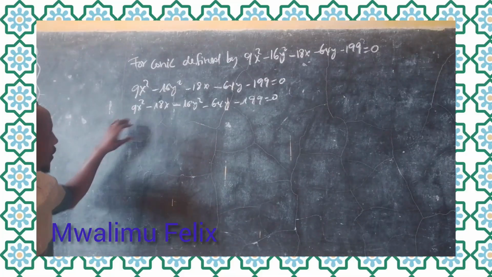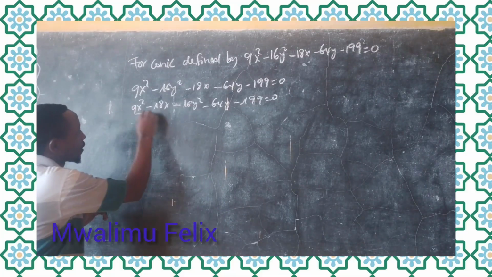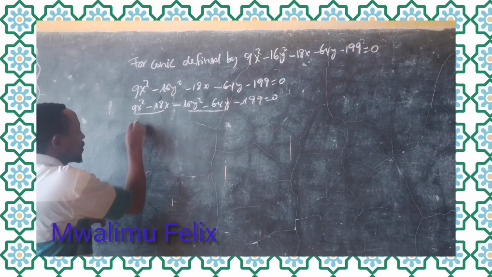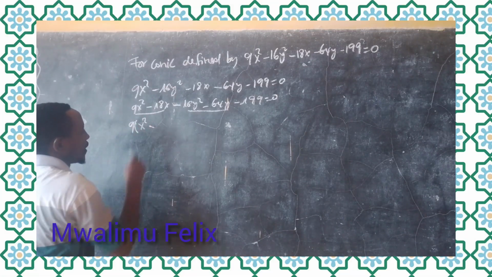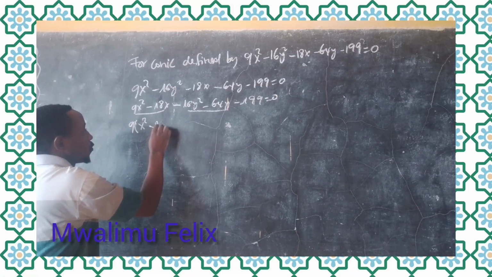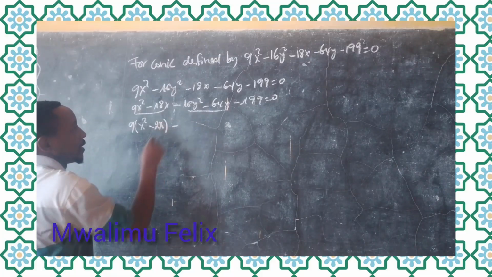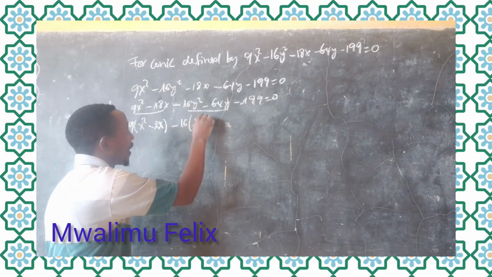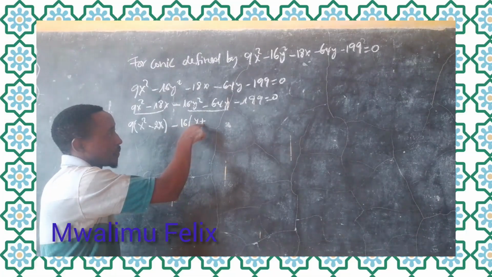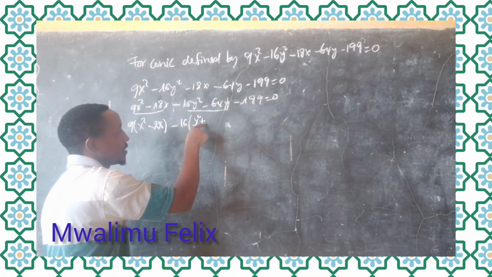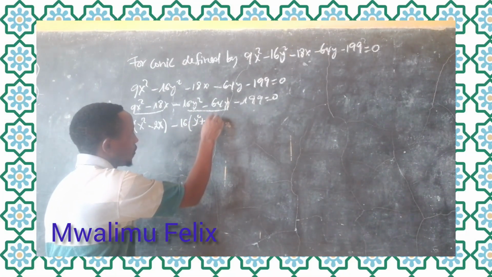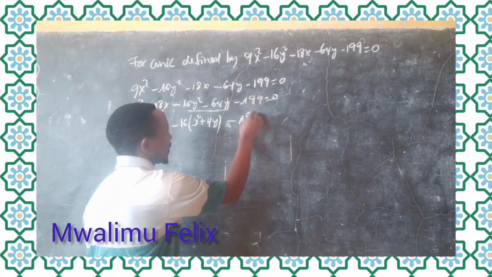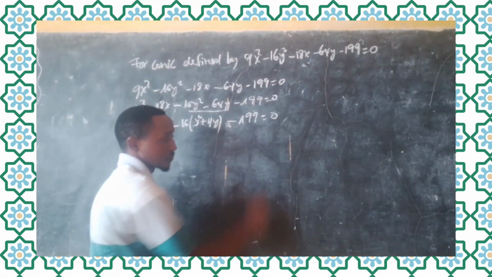So when we factorize this, we group 9 times x squared minus 2x, then minus 16 times y squared plus 4y, because the negative is multiplied with y squared, so minus 199 is equal to 0.